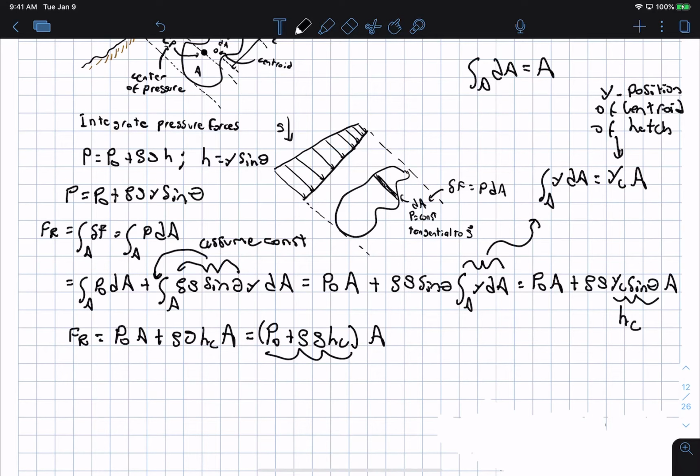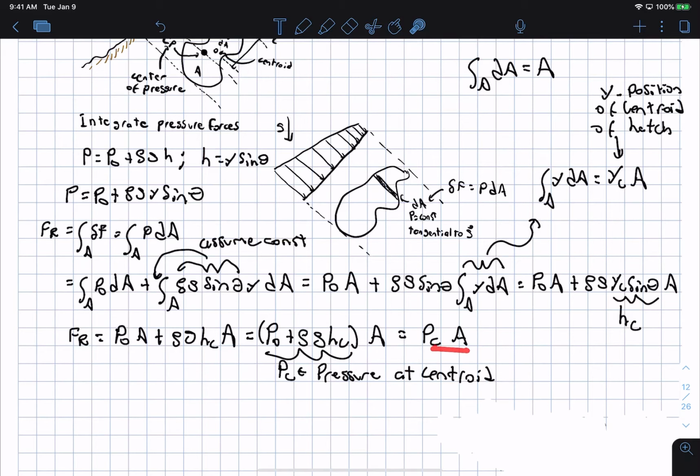Well, remember our distribution of the pressure is P naught plus rho g times h. Here we have P naught plus rho g times the height at the centroid. So this term here is nothing more than Pc, the pressure at the centroid of the hatch. Okay, and so this equals Pc times the area.